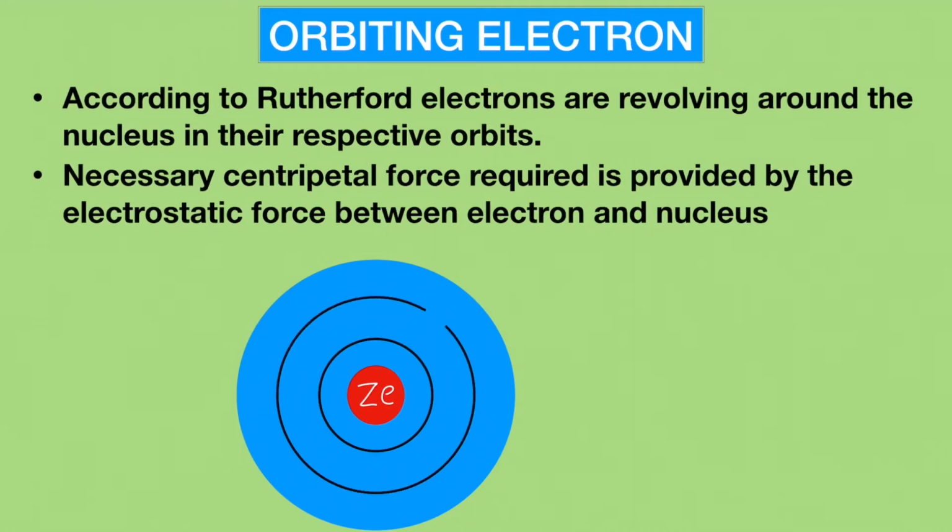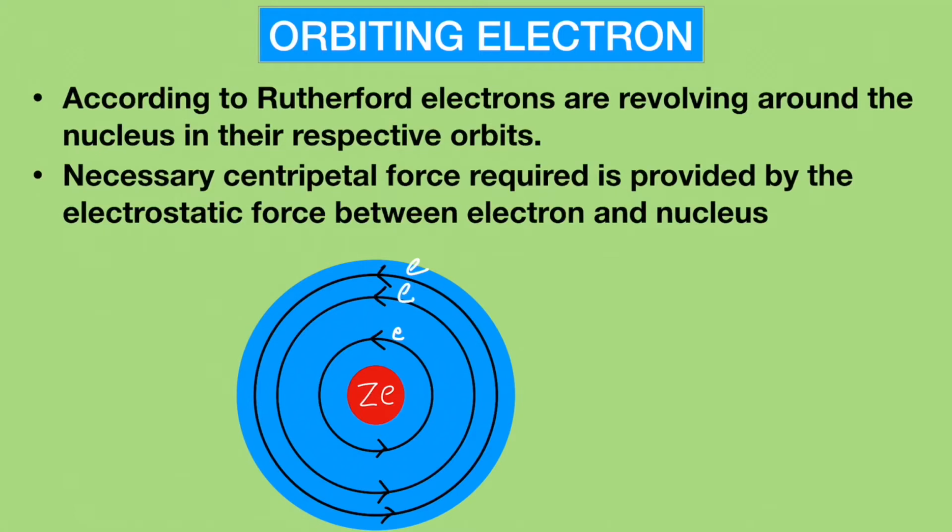Another one is revolving in its orbit, and let us consider one more. So we have taken 3 electrons revolving around the nucleus in their respective orbits. Their orbits will not change. They will remain revolving in the same orbit until their energy changes.